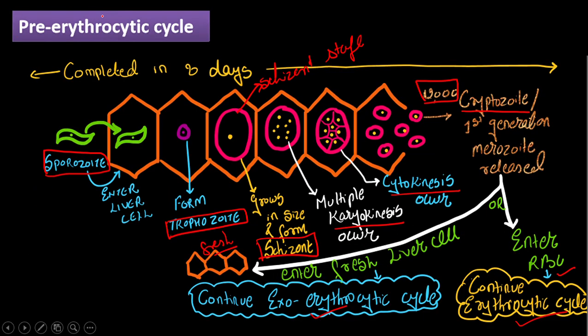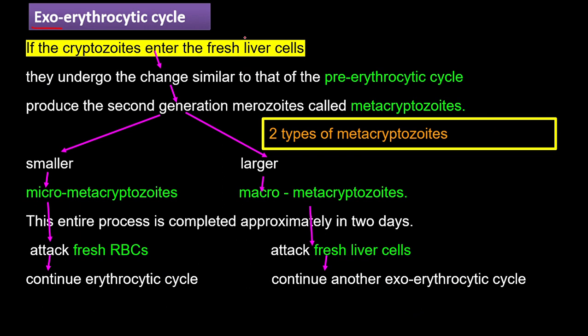Now exoerythrocytic cycle. अभी हमने देखा कि it has two options. तो अगर वो fresh liver को infect कर रहा है, कौन कर रहा है? Cryptozoite. If it infects a fresh liver cell, we call it exoerythrocytic cycle. Let's see here. If the cryptozoite enters a fresh liver cell, the same process will take place as in the pre-erythrocytic cycle.